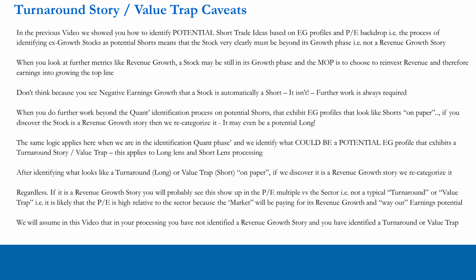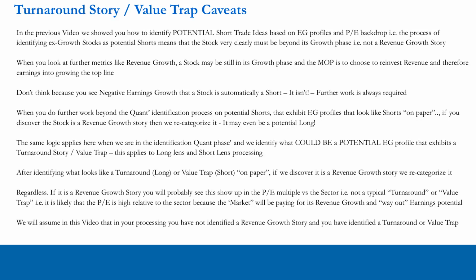But always remember, the market can like and dislike stocks for different reasons other than earnings growth potential. Most typically, these are revenue growth stories, whether the market likes or dislikes their revenue growth.